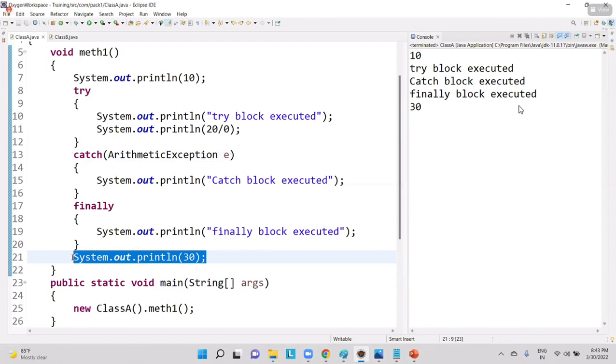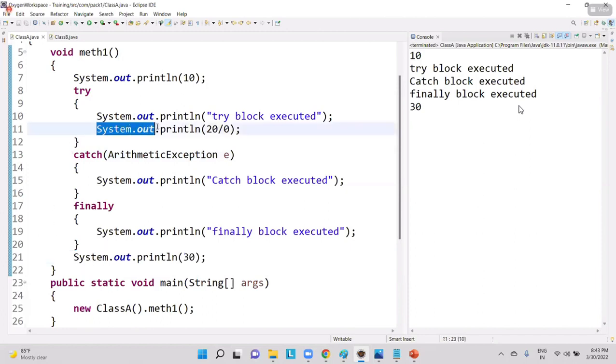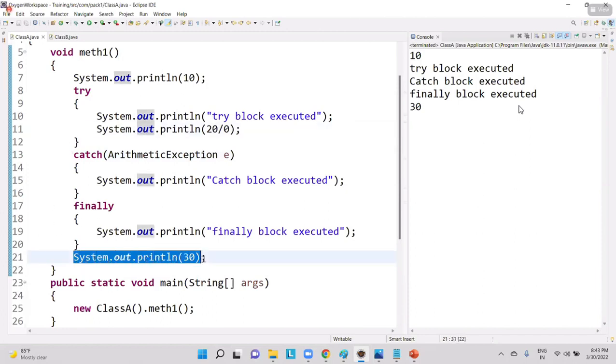Yes or no? So we can say that we have successfully handled an exception because we got our output 30. Am I right? Now, what I want to say is, okay, fine, you have handled the exception, but it would be great if you print some exception information to the user.